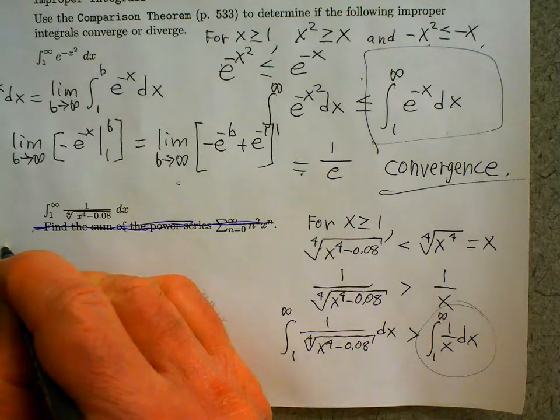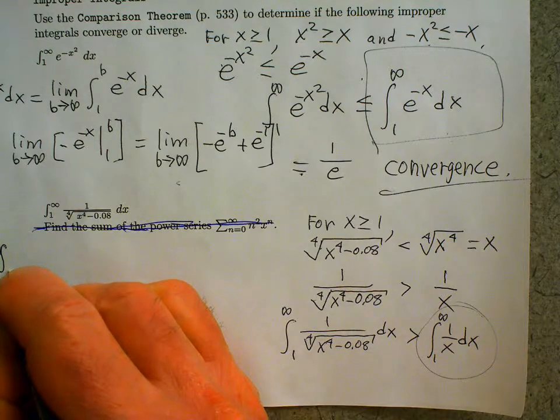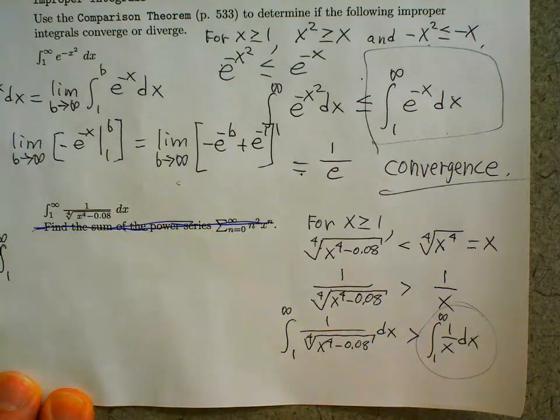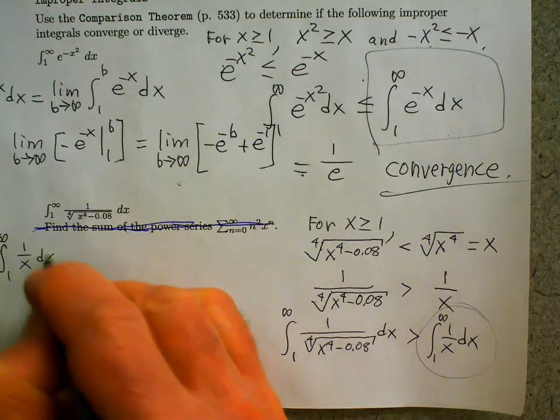Well, we already know the answer, but if you're going to show work on a final exam problem, you'll do it this way. Write down the improper integral from 1 to infinity of 1 over x dx.